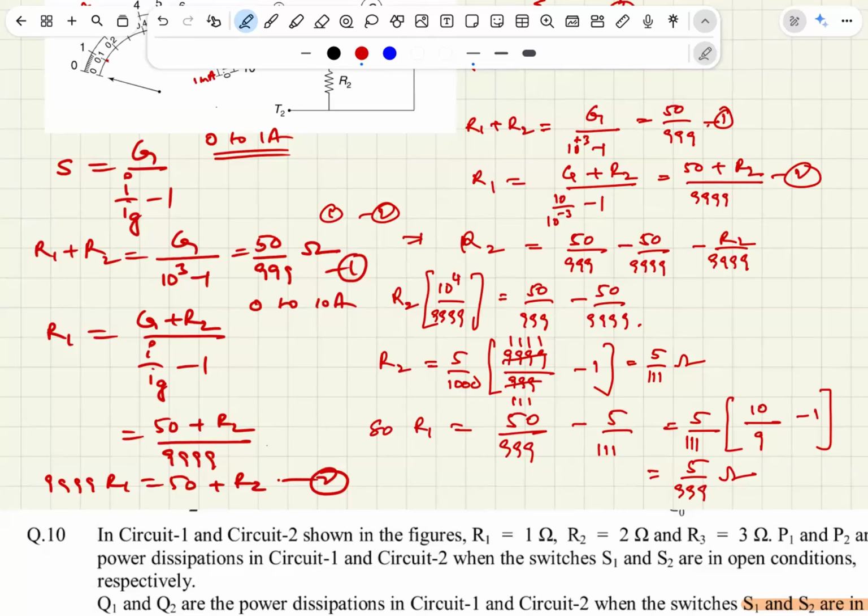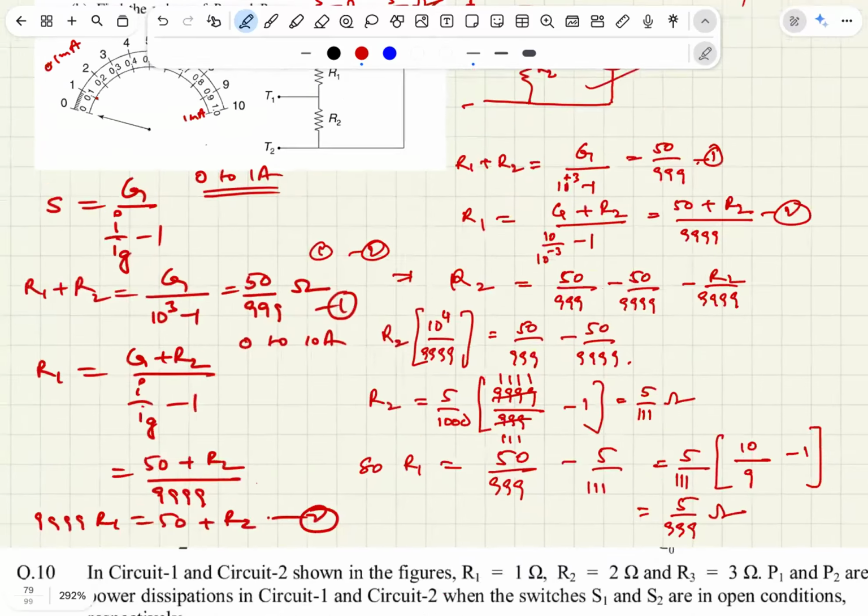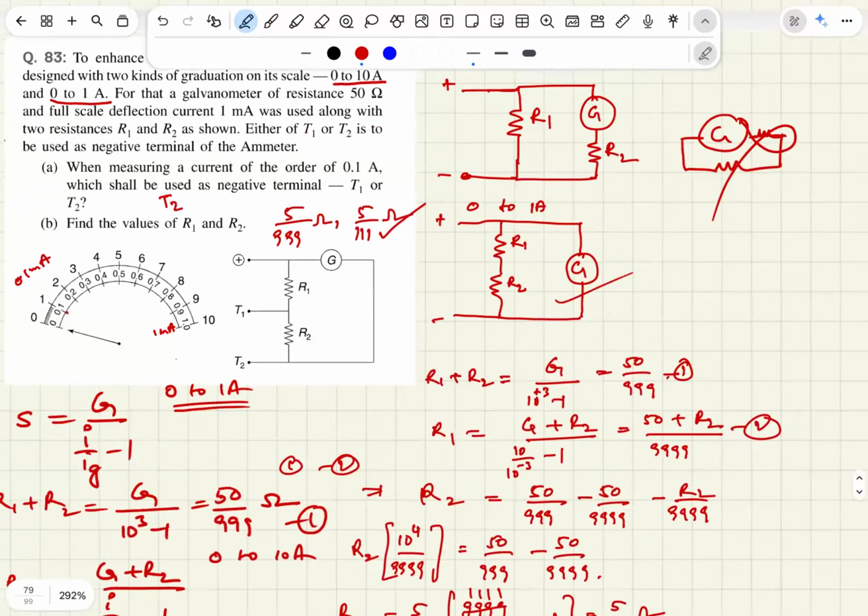Okay? Clear? Now, question is, how do I know that to measure 0 to 10 amps, I need to use only terminal 1? Because our general formula says shunt is G by I by Ig minus 1. When you are increasing the denominator, the fraction will come down.